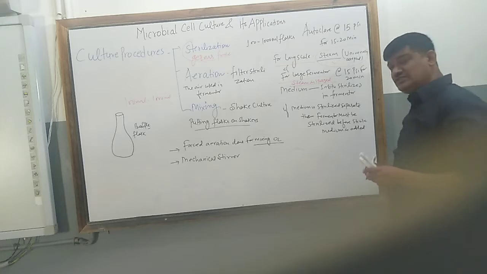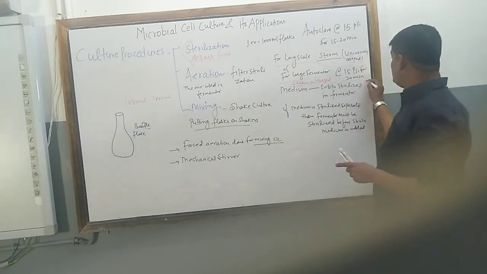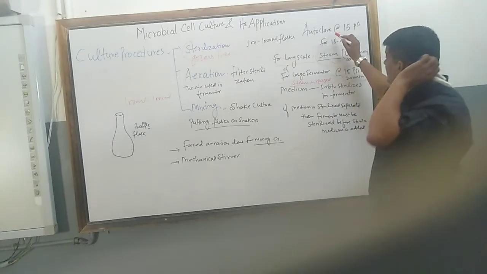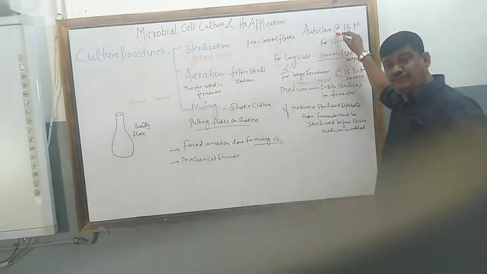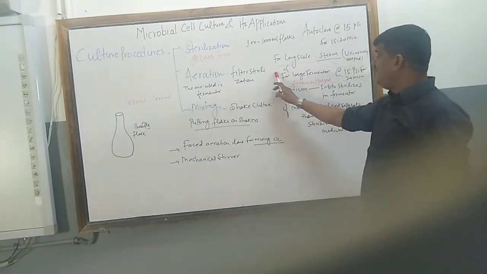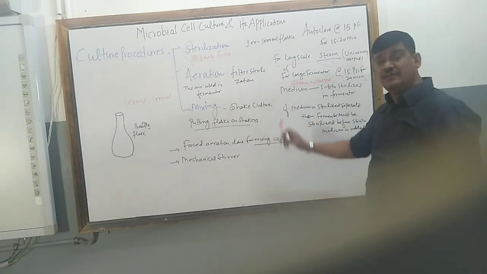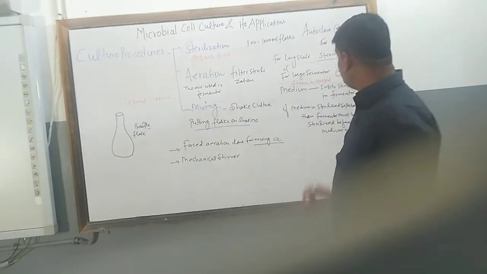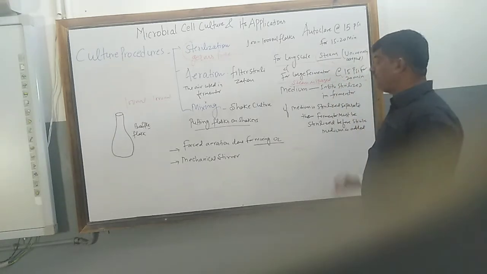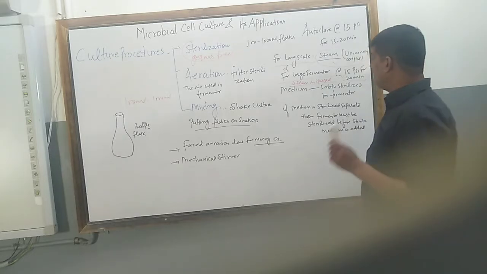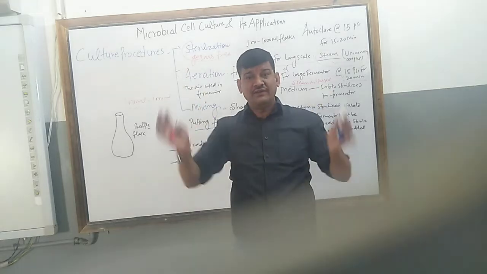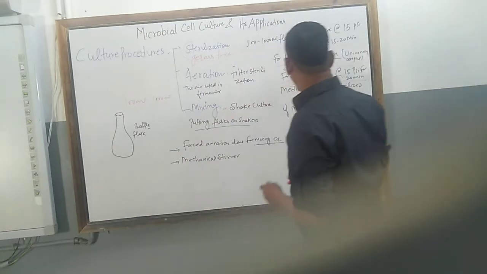Steam is largely used for large fermentation for a time period of 20 minutes under pressure 15. In the laboratory we autoclave under 15 pounds pressure for 15 to 20 minutes, and for large scale production we do it for 20 minutes under pressure 15, but using steam, and this steam is sparged, that is, scattered in the fermenter.